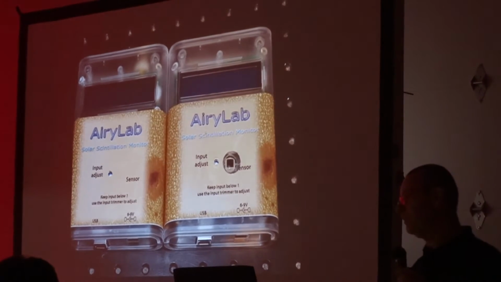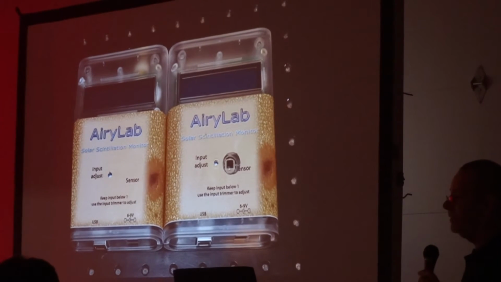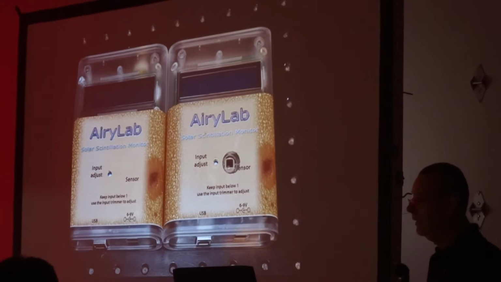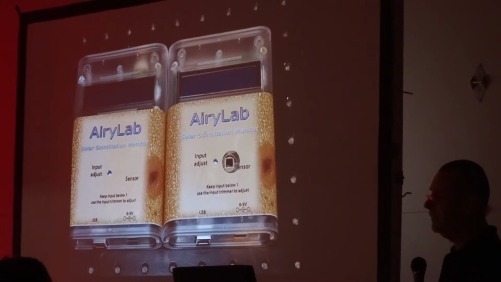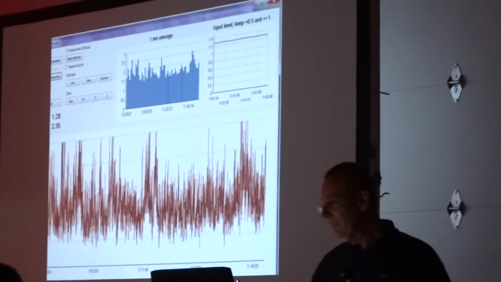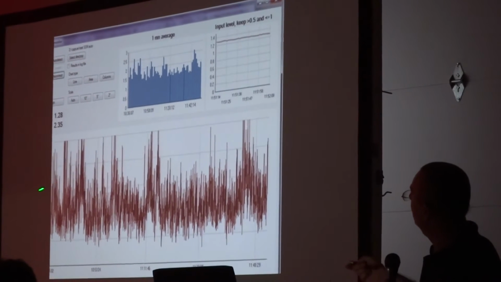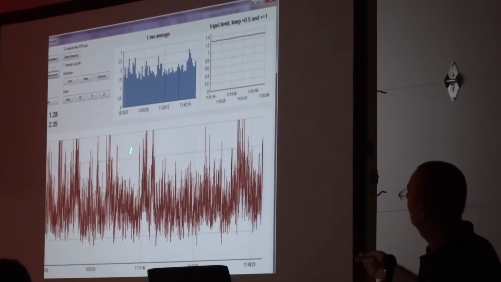I've done some experimentation with Airy Labs SSM, or solar scintillation monitor. I think it's a pretty nifty gadget if you like gadgets and like to really take a look at the actual seeing, what's going on. As you can see, the seeing runs all over the place.